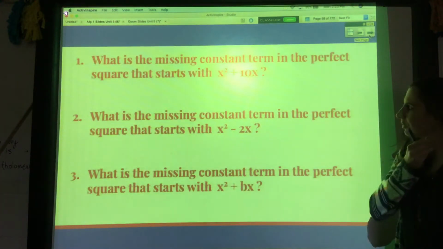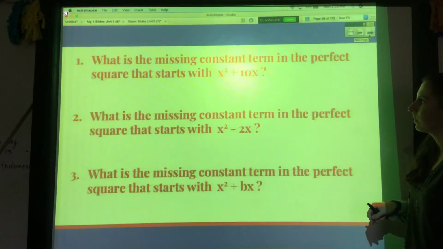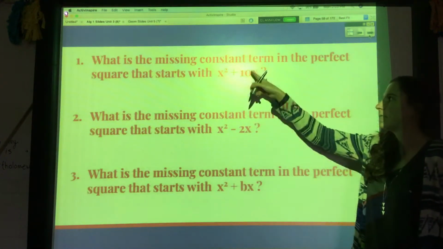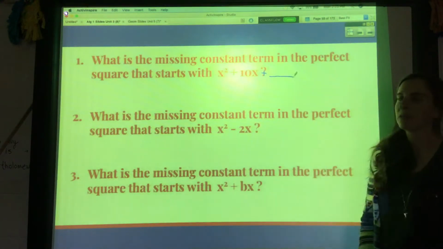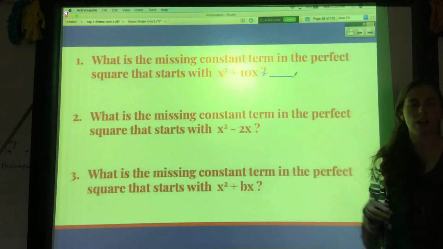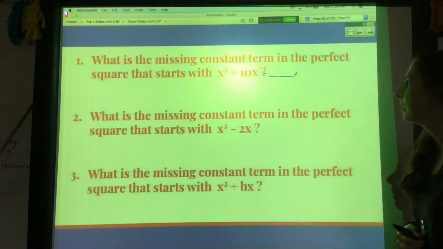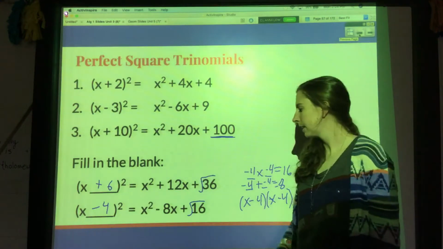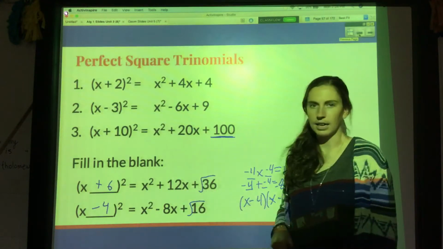Let's start with trying to figure out how to create these perfect square trinomials. For example, if I had x squared plus 10x plus something, what would I want for that constant to make this a perfect square trinomial? How could I make it like these? Basically, how did I get from 12 to 36?